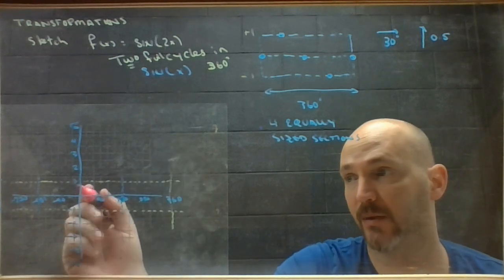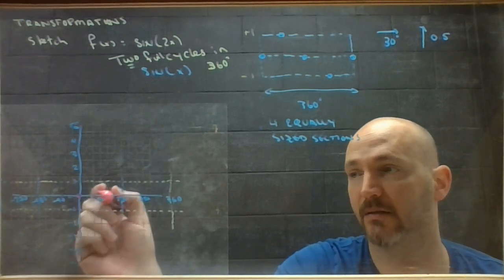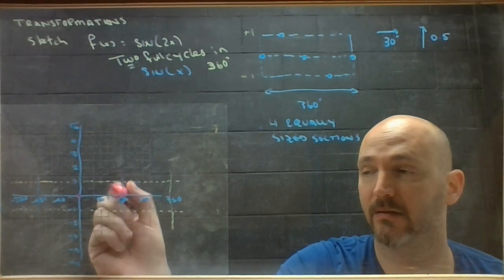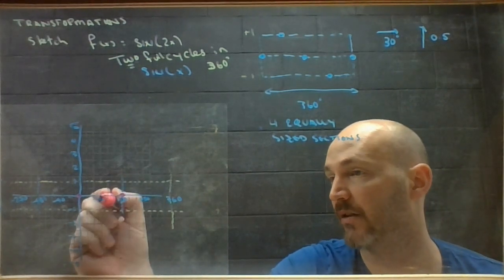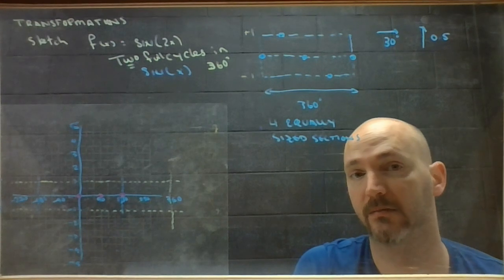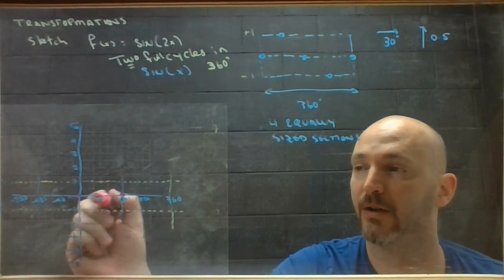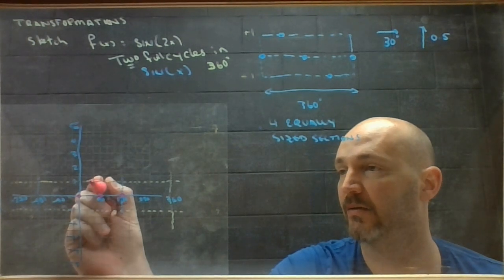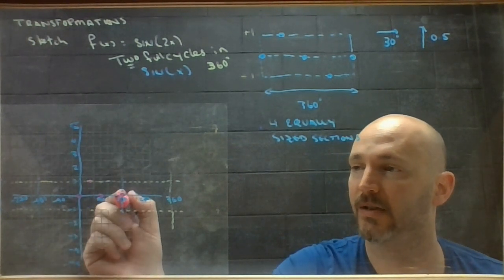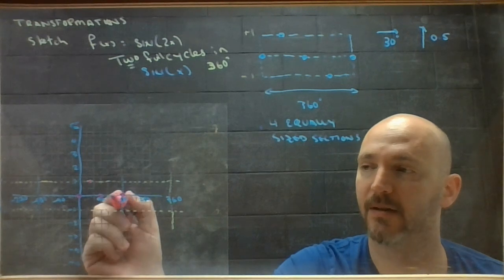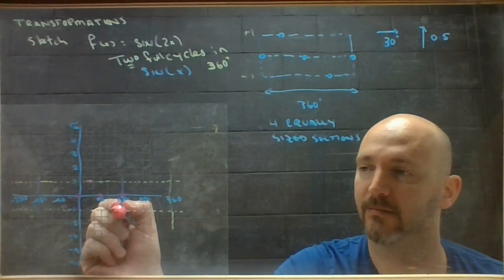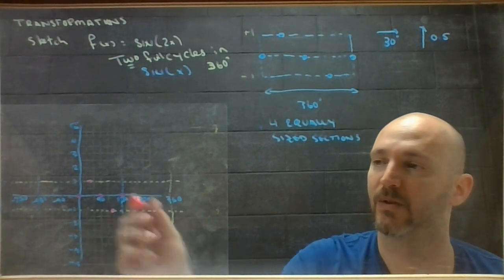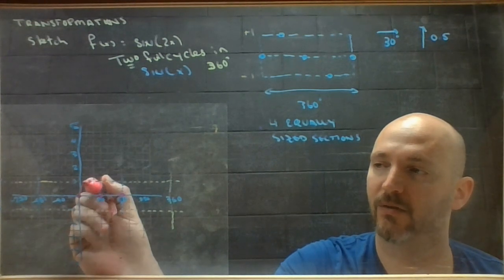So the pattern was 0 out at the beginning, 0 out at the end, 0 exactly halfway. Your first peak happens dead center between these 2 dots, and your trough ends up exactly halfway between these. So you've got enough there that you can draw in your sine curve.